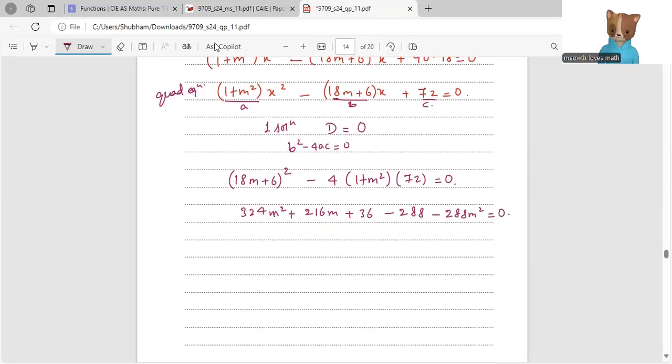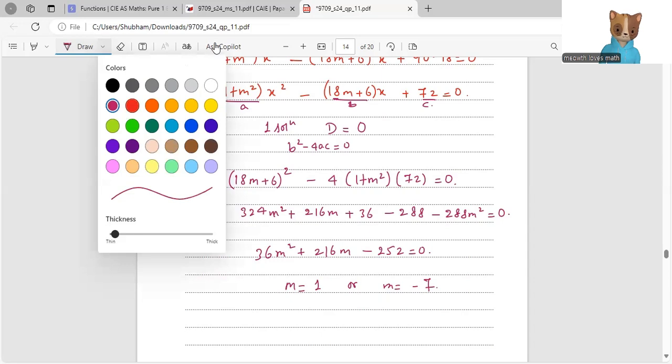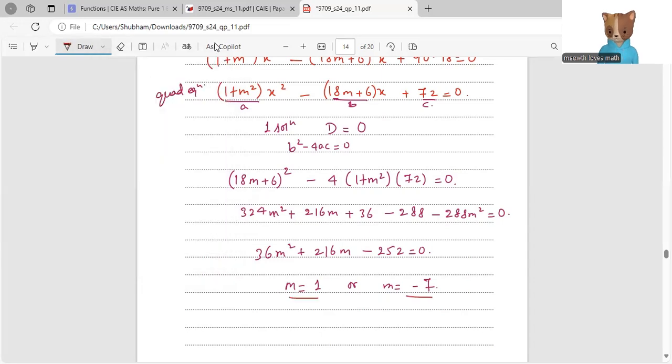So solving it further, we get 36 m square plus 216m minus 252 equal to 0. And therefore use the calculator to get the value of m. So we get m equal to 1 or minus 7, right? So we got the values of m, 1 and minus 7.